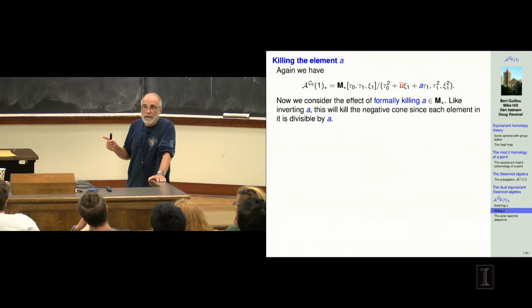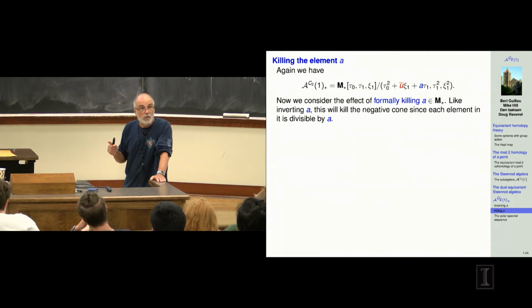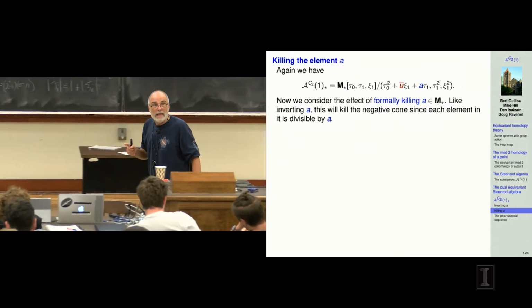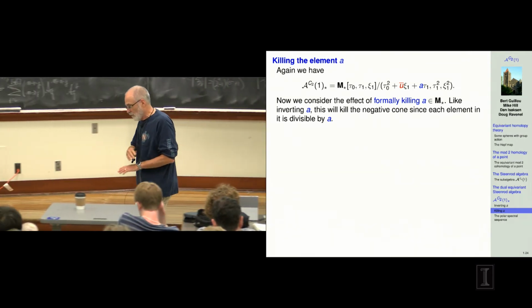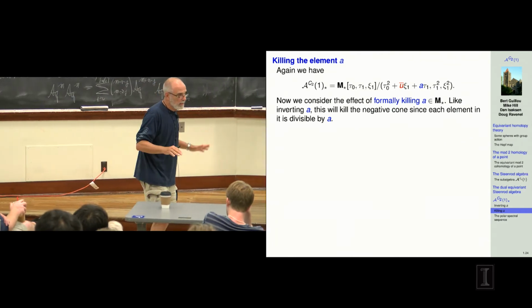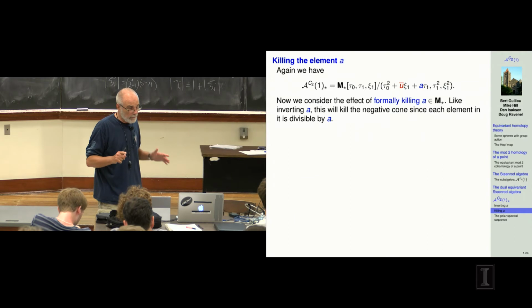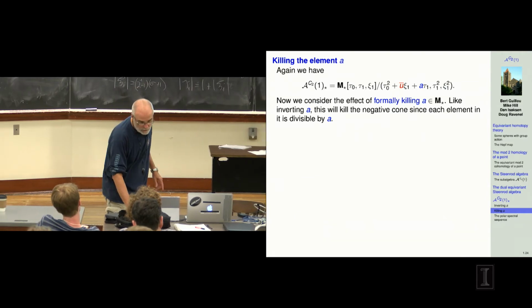Inverting A killed the negative cone because everybody in the negative cone was A torsion. Setting A equal to 0 will kill it because everybody in the negative cone is divisible by A. So if you set A equal to 0, you're making the negative cone go away. So the negative cone disappears in both of these simplifications, but for two different reasons.